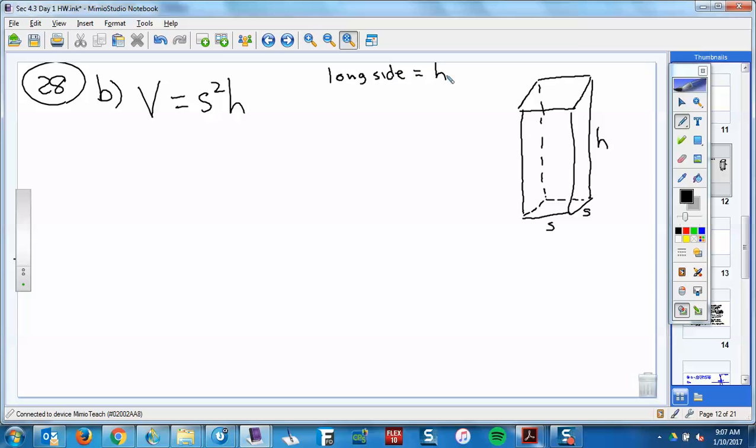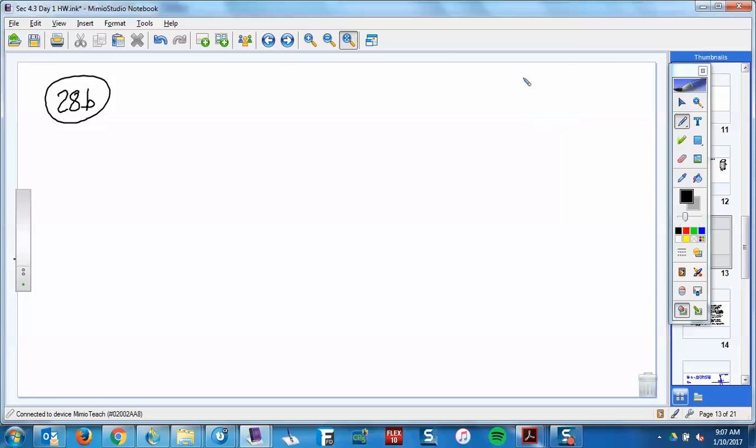Now, what would be a box where the long side wouldn't be H? A small flat box, right? So that's going to be our second case. If you want to go down the page a little farther and draw yourself that situation, we have a box like this.